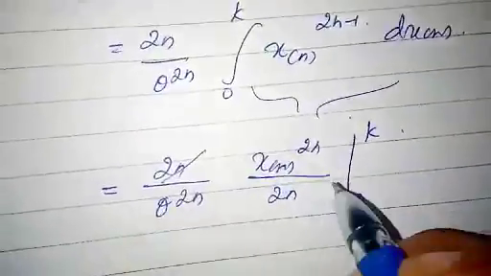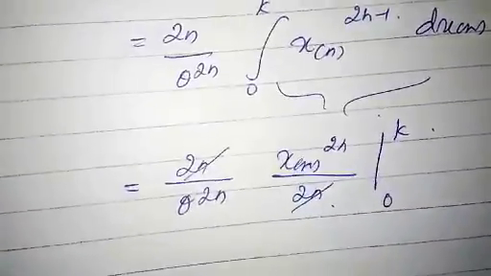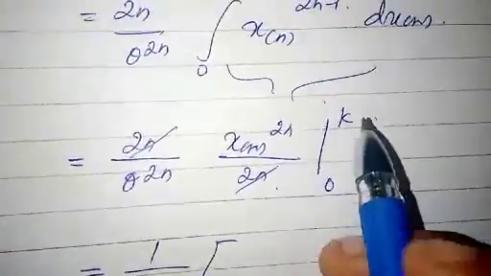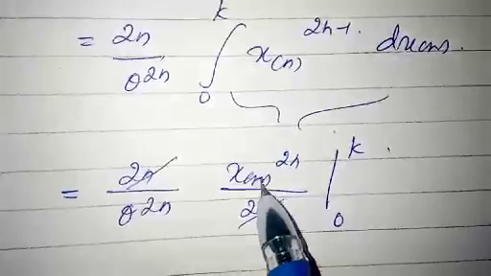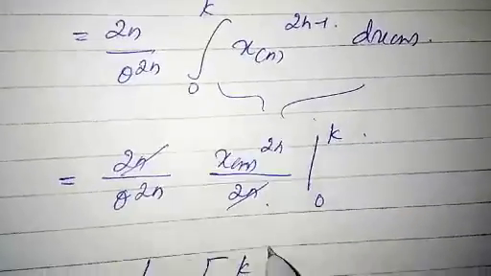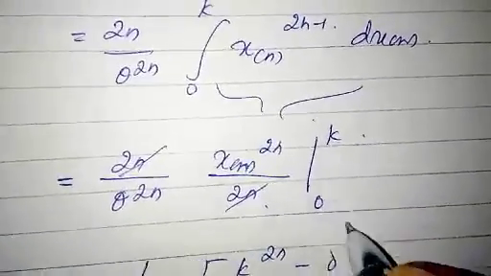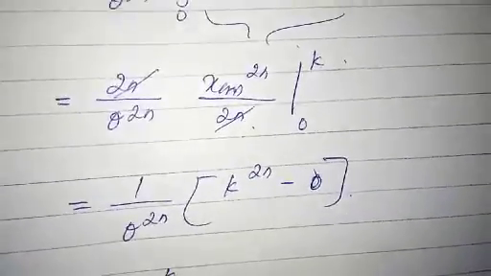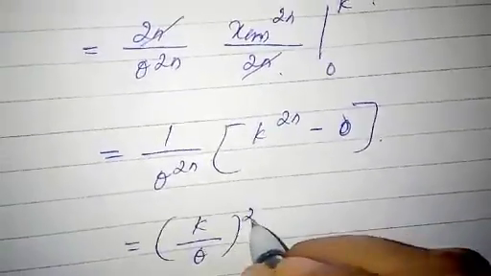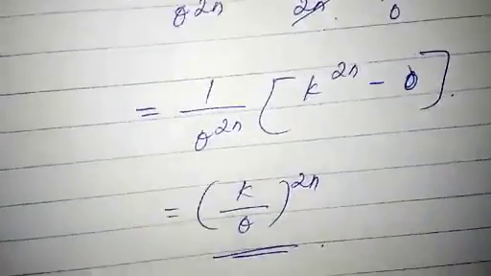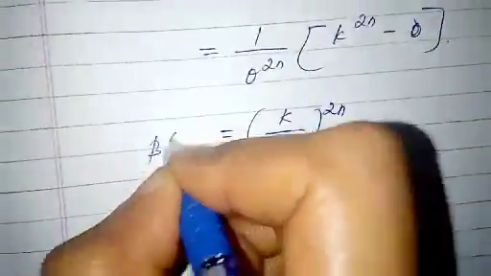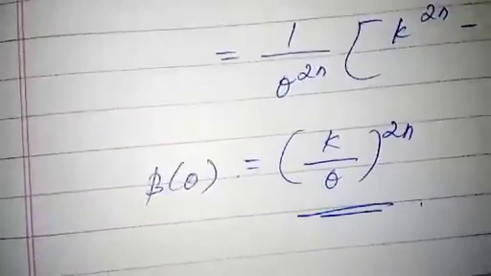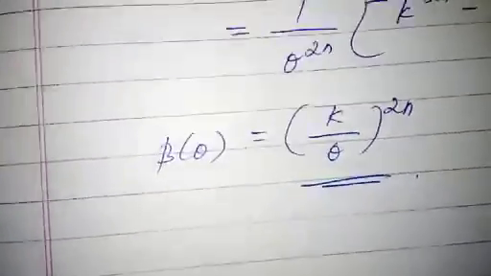Here the 2n got cancelled, then you can write 1 by theta power 2n, substitute xn as k power 2n minus 0, right? So which is equal to k divided by theta, all power 2n, right? So it is beta of theta. Beta of theta equal to k divided by theta power 2n.